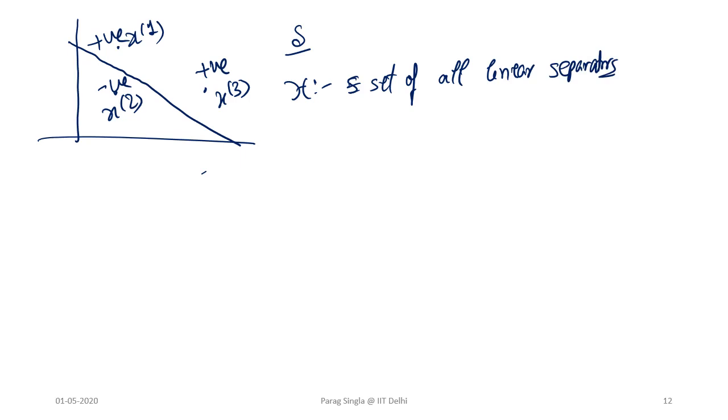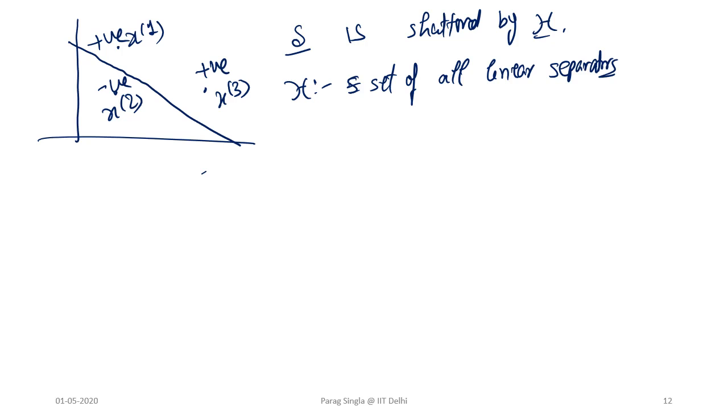For any given labeling, we are able to achieve that labeling through some hypothesis in this hypothesis class. Therefore, this set S is shattered by H.